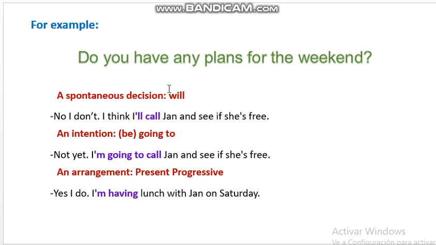But in the second one, do you have any plans for the weekend? An intention. You know what an intention means. So you think about what you are going to do. It is different with this one because this is spontaneous, but this is an intention.